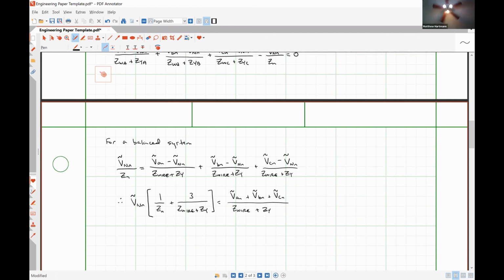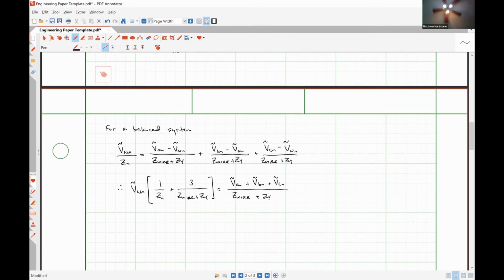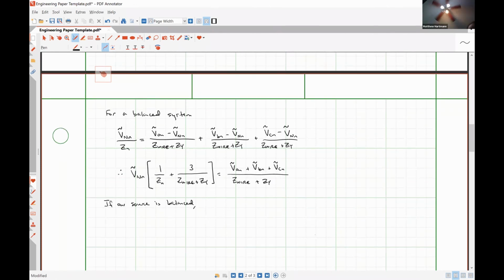All right, well, if our sources are balanced, then that means VAN plus VBN plus VCN is the same, and I'm going to assume a positive phase sequence here.